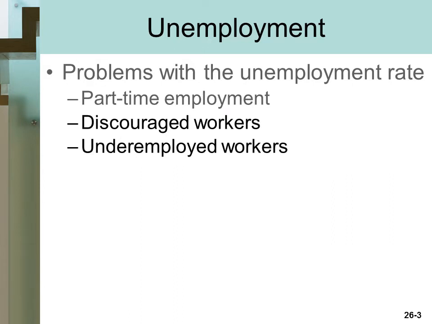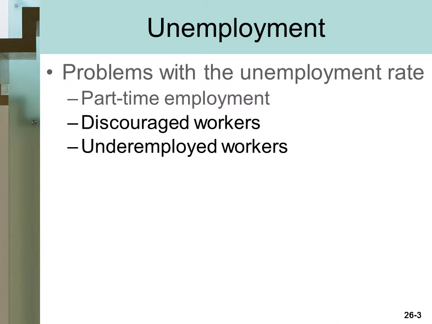The next two are things that I mentioned and one I haven't mentioned yet. Discouraged workers: that group of people who have given up looking for a job. Think about what happened during this last recession, the hundreds of thousands of people who lost their job and then applied to 1, 10, 20, 100 jobs, and didn't even get any response. After spending 6 months or a year actively seeking employment, they simply gave up because they were discouraged.